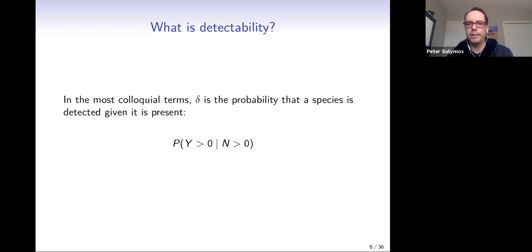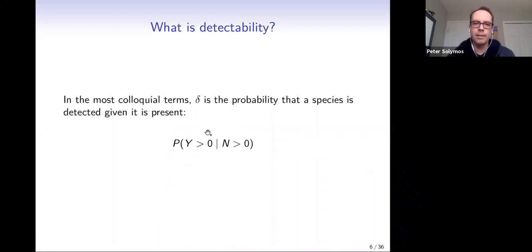Say the true abundance is 3. What we look for here is whether that number is greater than 0 or not. And when it is 0, there is nothing to detect. When it's greater than 0, you can detect 1, 2, 3 individuals out of the 3, N equals 3.